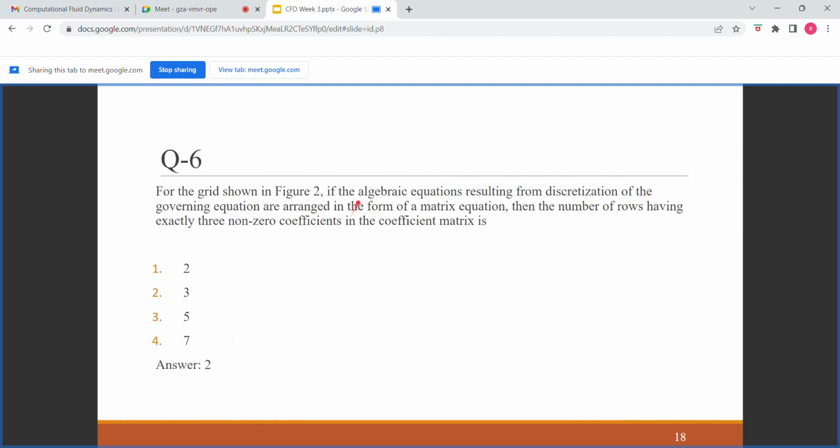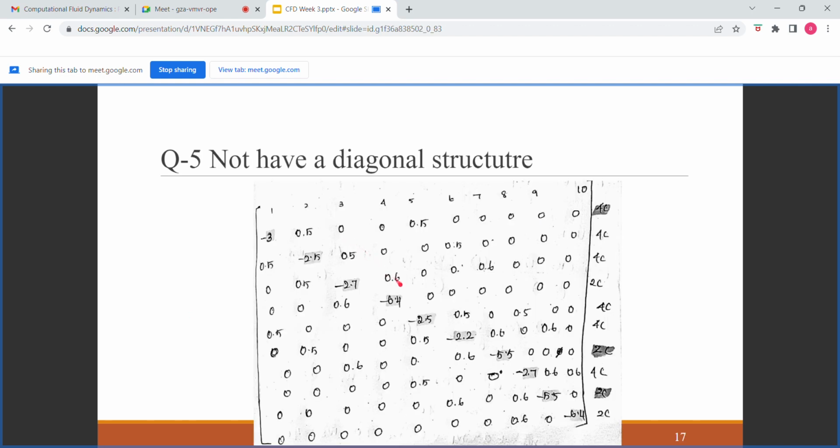Also, how many rows have exactly 3 non-zero coefficients? When we counted from the simplified equations, we were able to see that there were three rows, 1, 7 and 9, all having exactly 3 non-zero coefficients.